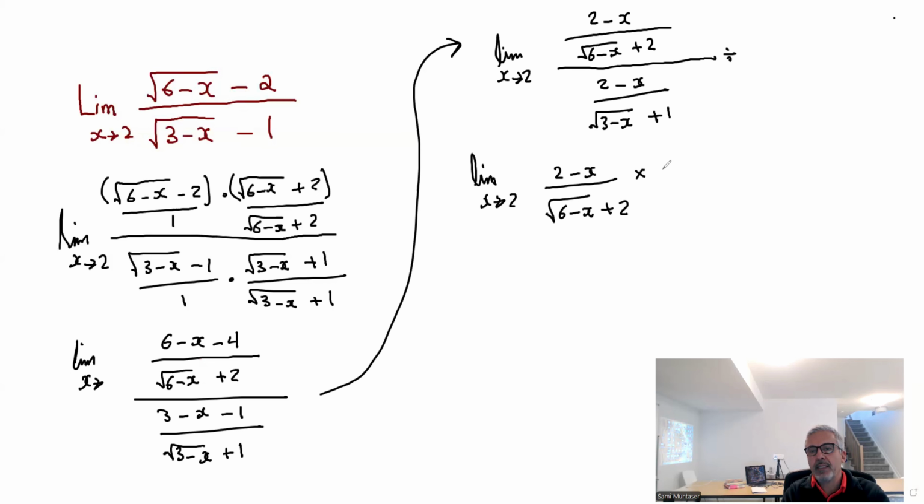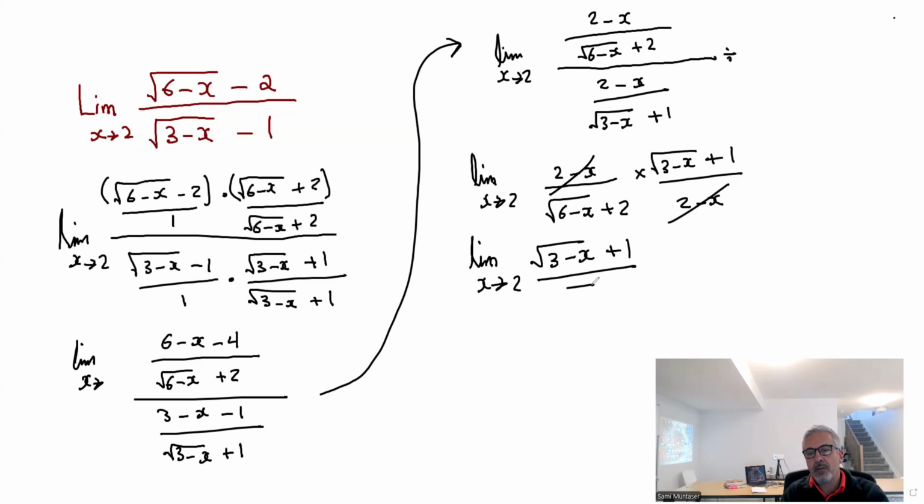We flip this, and this would be √(3 - x) + 1 all over 2 - x. Now the 2 - x and the 2 - x will cancel, so we'll end up with limit as x goes to 2 of √(3 - x) + 1 all over √(6 - x) + 2.